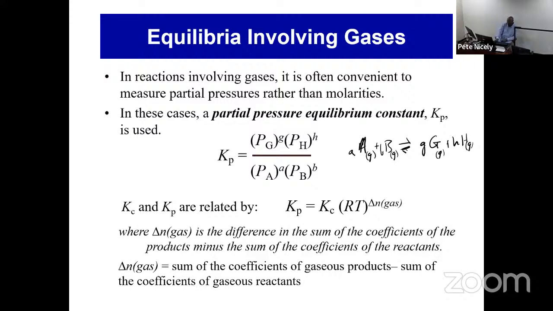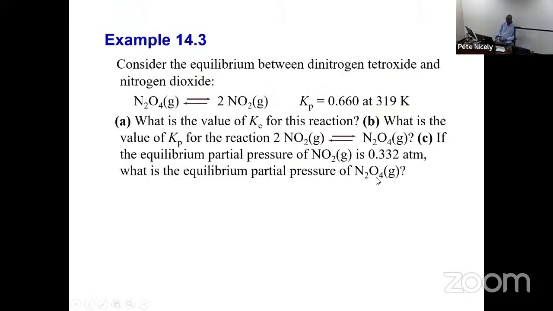So based on that, we should be able to do this problem right here. It says consider the equilibrium between dinitrogen tetroxide and nitrogen dioxide, and it gives the equation and it gives you the Kp value. So the question is, what is the value of Kc for this reaction?